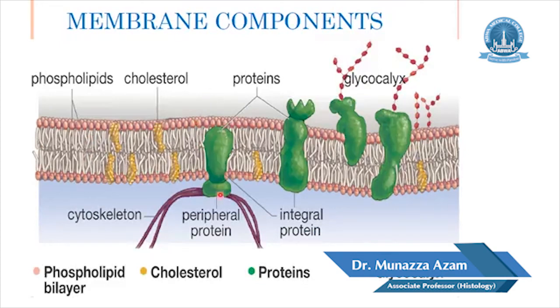In between they contain integral proteins and transmembrane proteins. Transmembrane proteins project on both surfaces of the cell membrane, and the membrane also contains peripheral proteins. These peripheral proteins give attachment to different cytoskeletal fibers and components, and provide communication between the cytoskeleton and the cell membrane. As well, carbohydrates are attached, present basically in the form of glycocalyx.